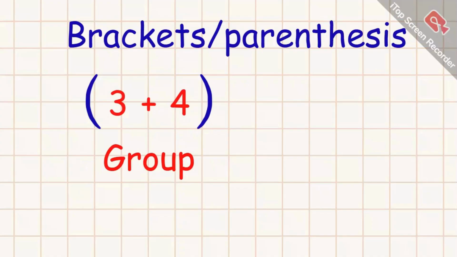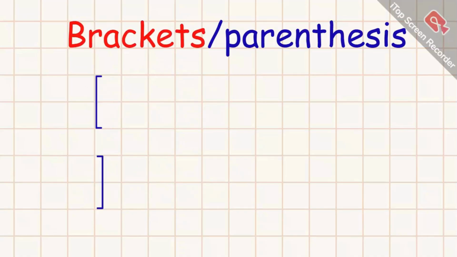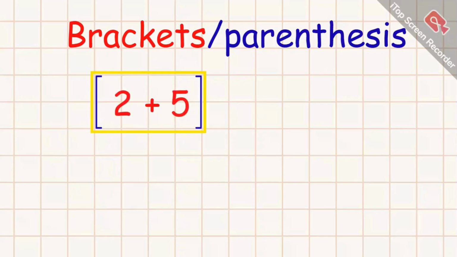It's almost like the parentheses are a package to hold whatever math stuff we put inside them. And brackets are basically doing the same exact thing. They just have a different shape, like a box, but they mean exactly the same thing.